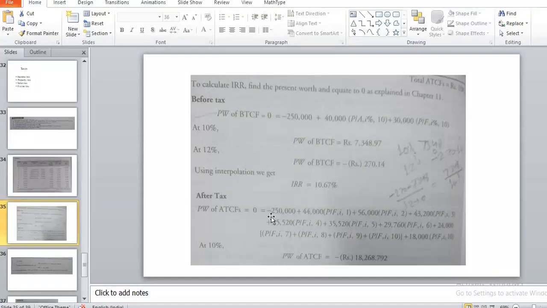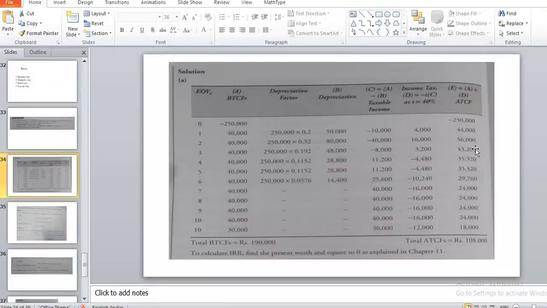Minus 250 plus 44,000 for the first year, for second year, third year, fourth year, fifth year, sixth year, like that. These are the amounts of the after tax cash flow, up to the 7th year, 24,000.